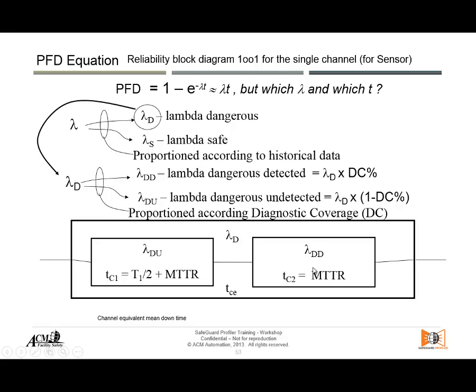So if I detect them, I still have the time exposed there, which is the restoration time, right? And they have a time equivalent. The channel equivalent would be the sum of TC1 plus TC2. This is during the proof test period, and this is during diagnostic coverage, discovered when I'm restoring my system.